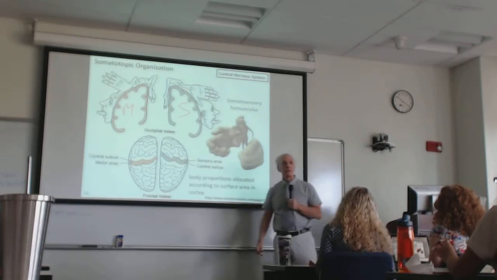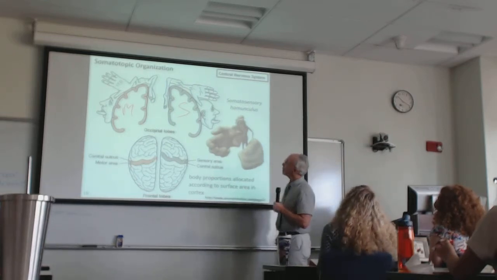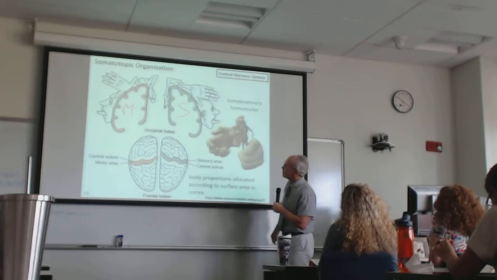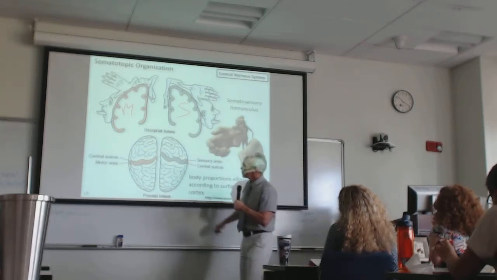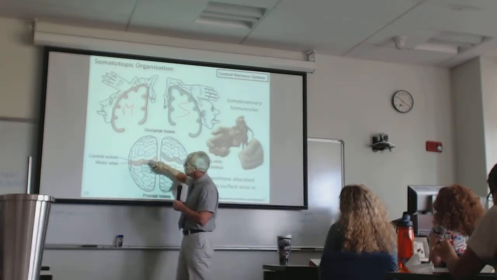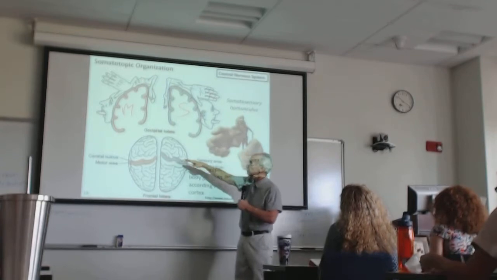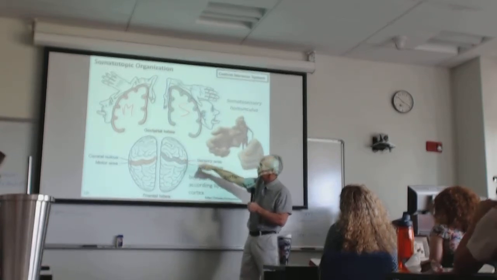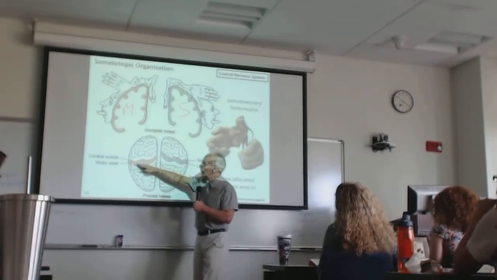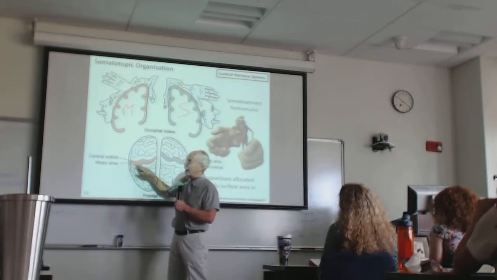It's part of the motor cortex. The problem is that in both the sensory and the motor cases, this is not a terribly well-defined strip, not a terribly well-defined region. We're calling this an area.